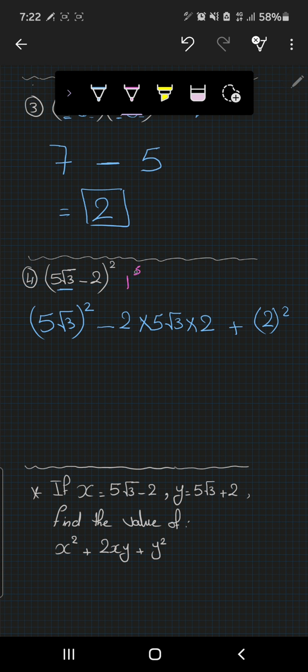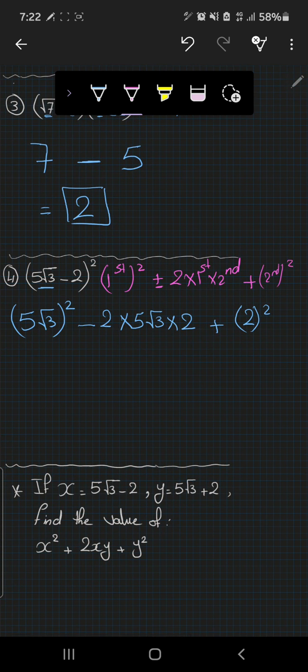Write the rule: first number power 2, like the middle positive or negative, 2 multiply first multiply second plus second power 2.